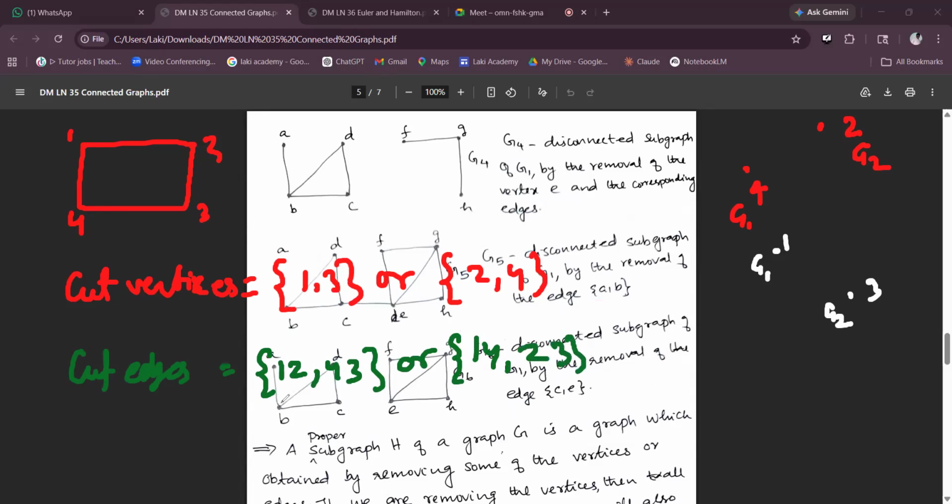When you remove 1, 2 and 4, 3, you will get only 1, 4 and 2, 3. Similarly, when you remove 1, 4 and 2, 3, you will get only 1, 2 and 4, 3.